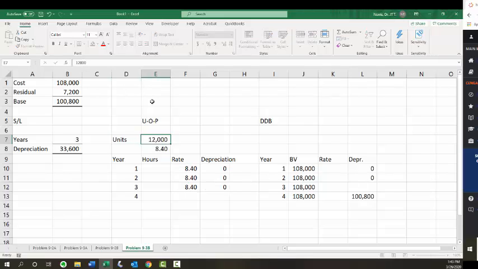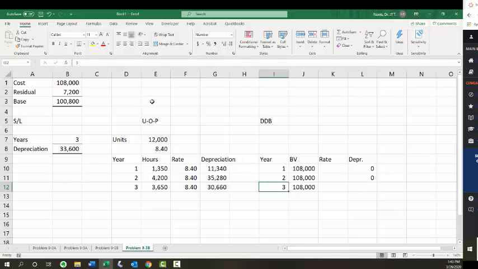12,000 total operating hours. And for the 3 years, that first year of operation was 1,350, 4,200, and 3,650 is our depreciation. So this once again is 1 divided by 3 times 2, or the .6667.